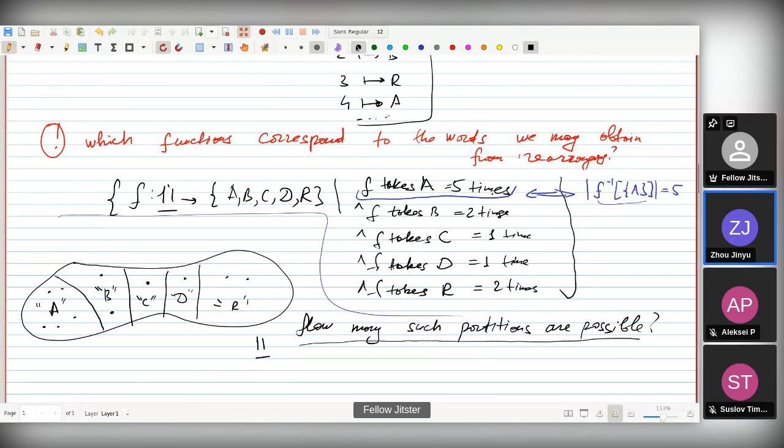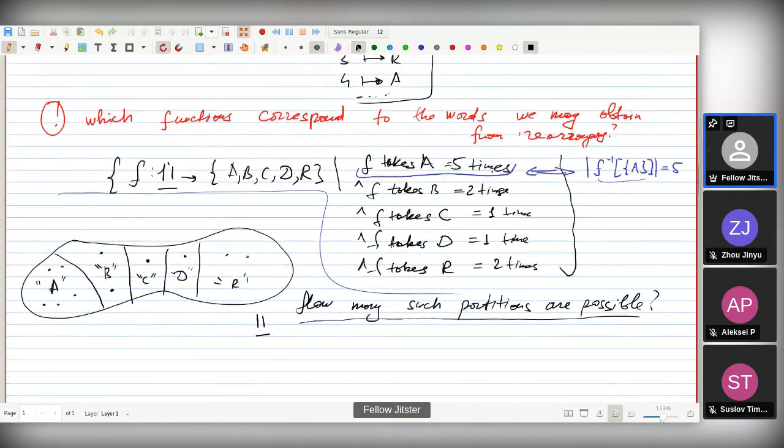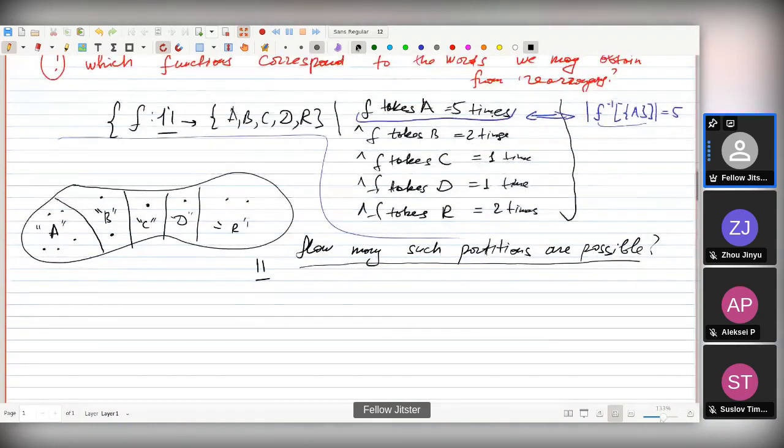Yeah. So how many partitions are possible? It is quite easy to count them. For every such partition, we have to specify 5 points where we will have A. How many ways exist to do so?